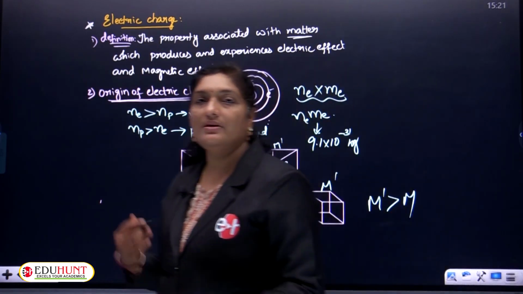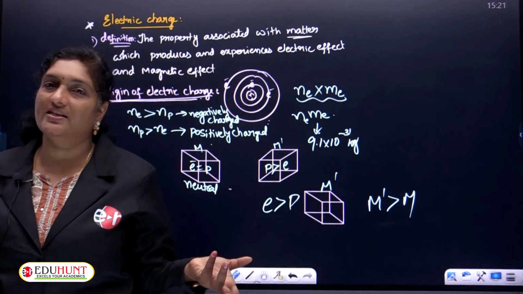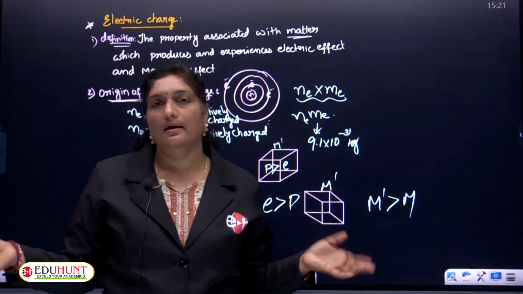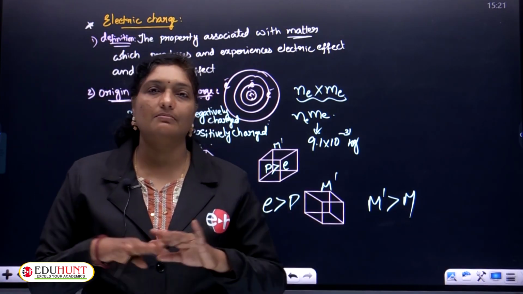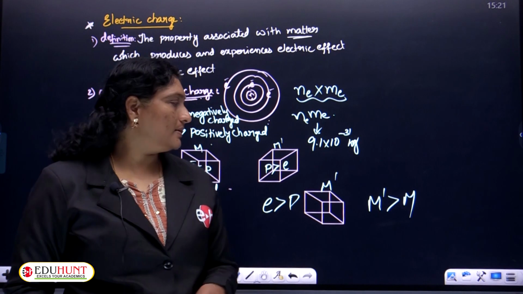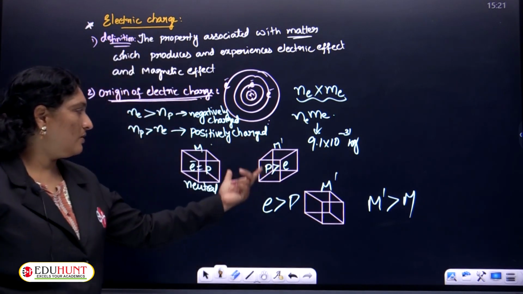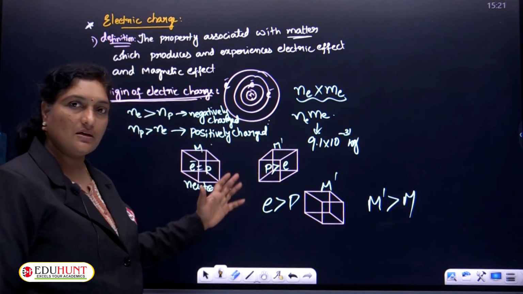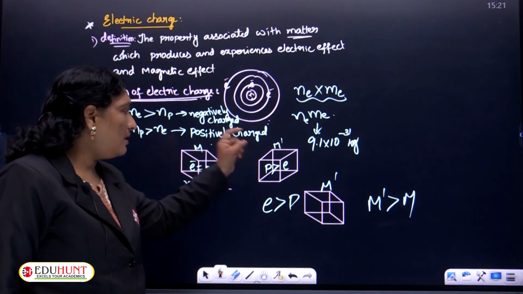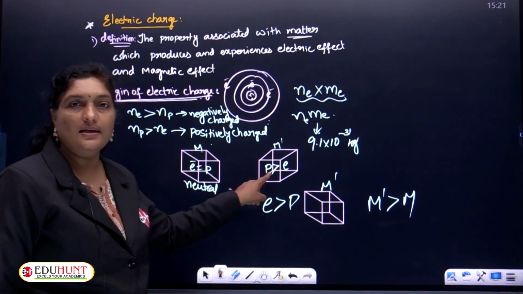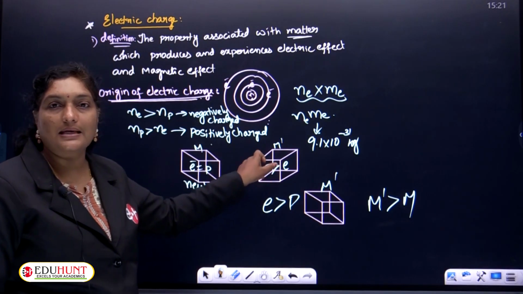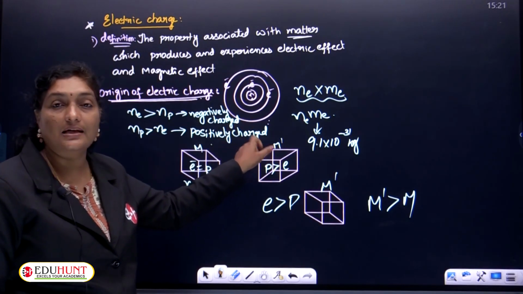If, even after rubbing, no change in electrons is observed, meaning electrons equal protons, the mass will remain the same. Got it, children? So, after rubbing, disturbing its neutrality, if the number of electrons is lesser than the number of protons, the mass decreases.